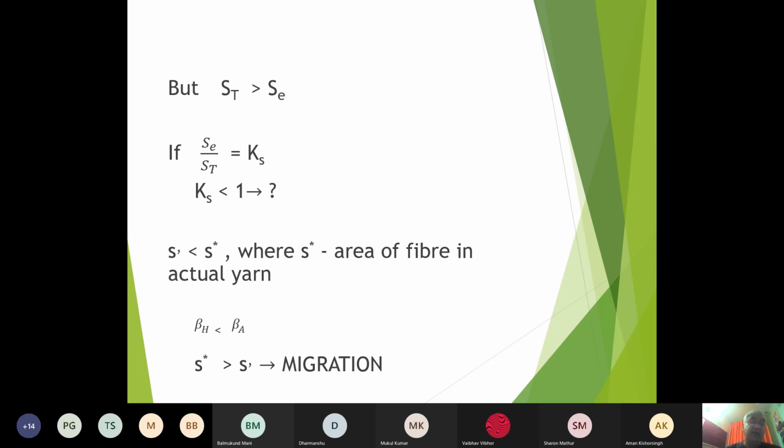In this case, once we have calculated the Ks value, we have only considered that the yarn is following the helical model, which is not true in real yarn. This point is clear? That's Ks. Or does anybody have any doubt or clarification?